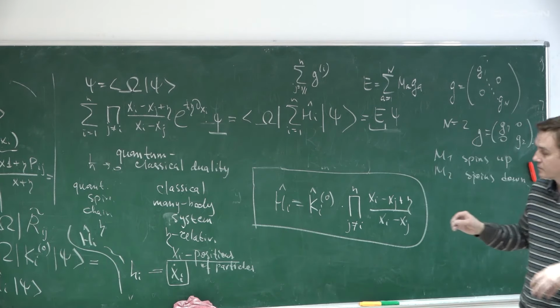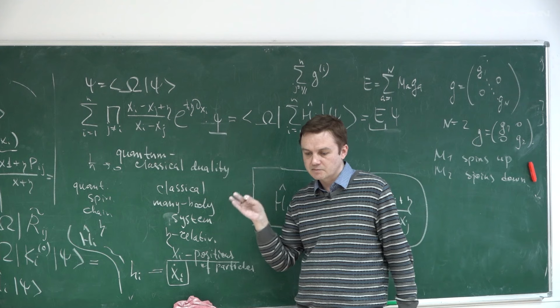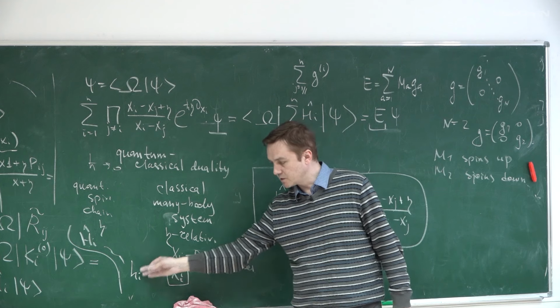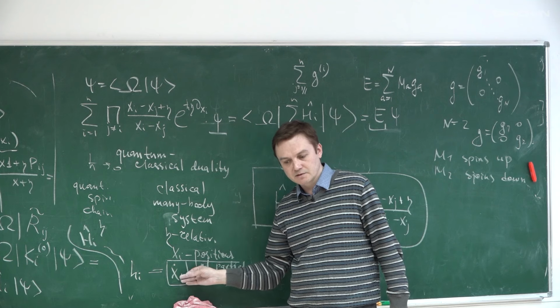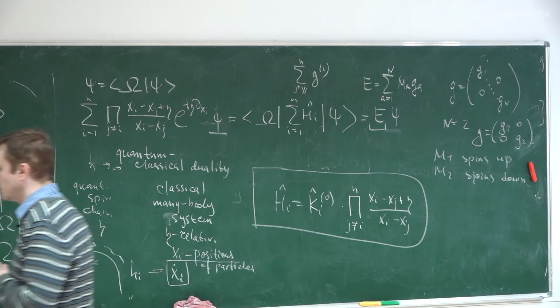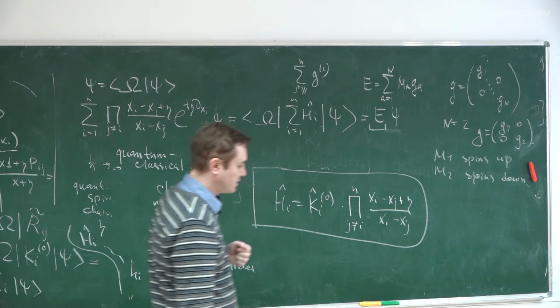And of course, there is another problem. This quantum classical duality is a statement about the spectrum only. It says that the spectrum of quantum spin chains is related to velocities of classical particles, but there is no statement about eigenvectors. So there is no statement about the Bethe vector, the solution to the quantum problem on the side of the quantum spin chain.